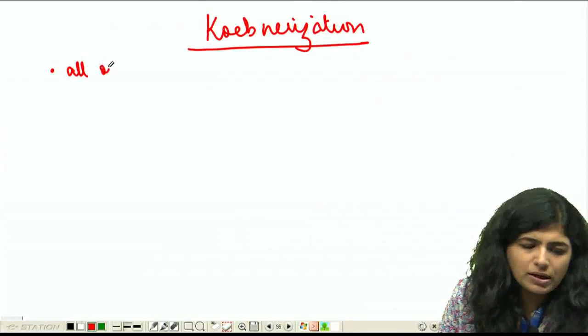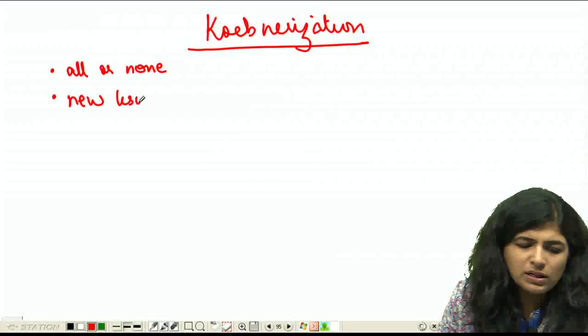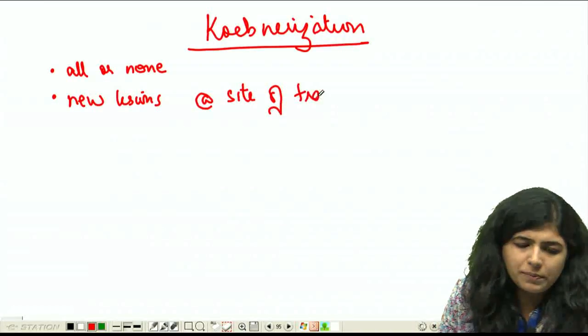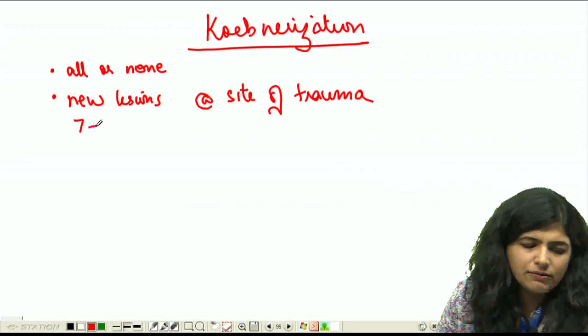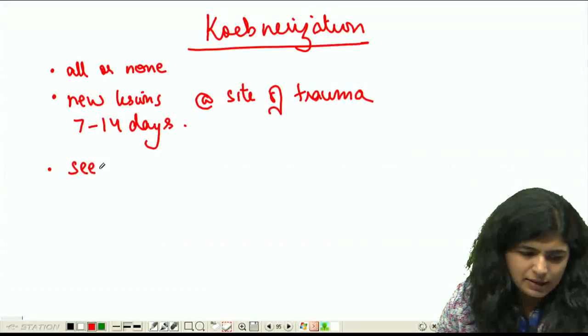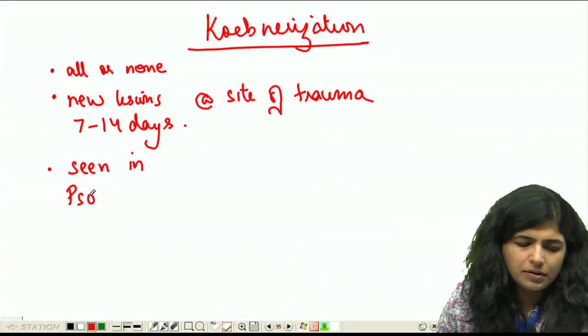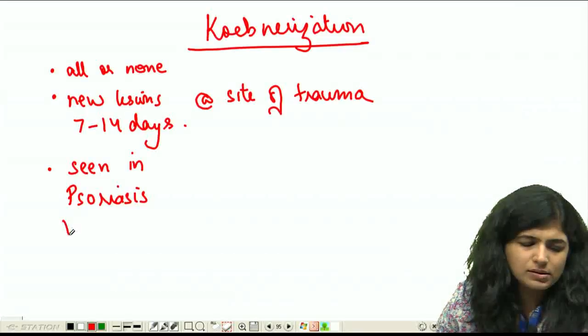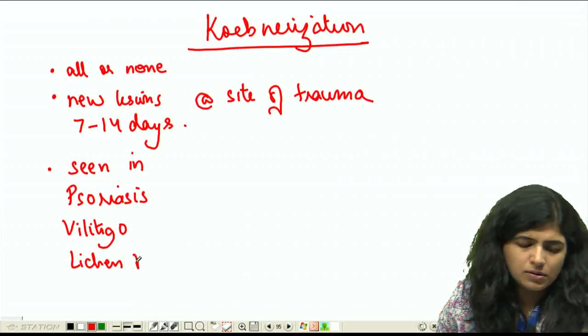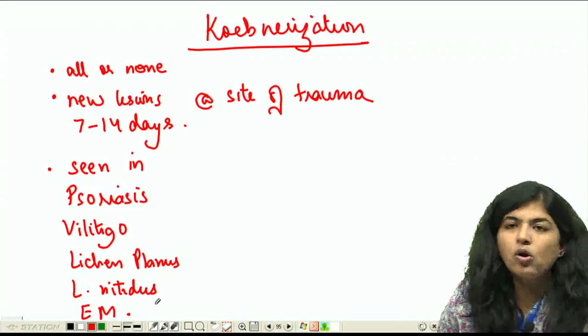This is an all or none phenomena. If it will be there, it will be present at all sites, or it will not be there. There will be new lesions at site of trauma appearing 7 to 14 days after it, seen in psoriasis, vitiligo, lichen planus, lichen nitidus, sometimes in erythema multiforme also.